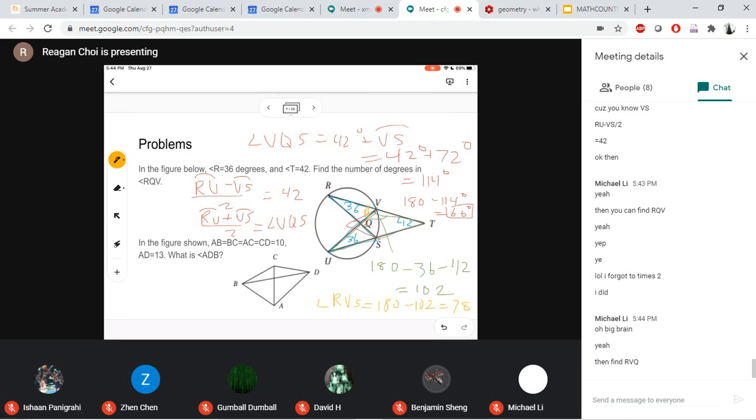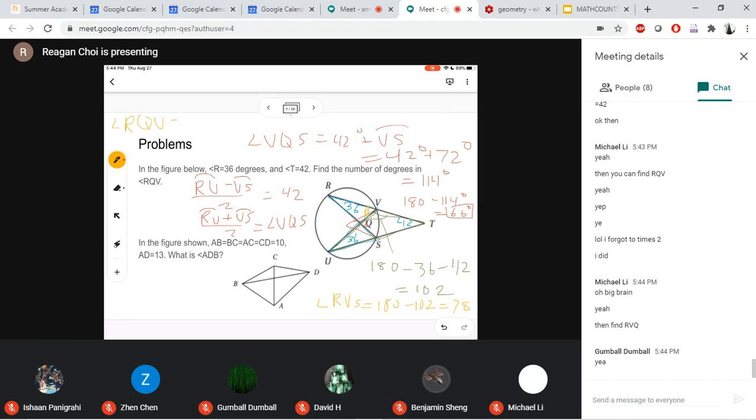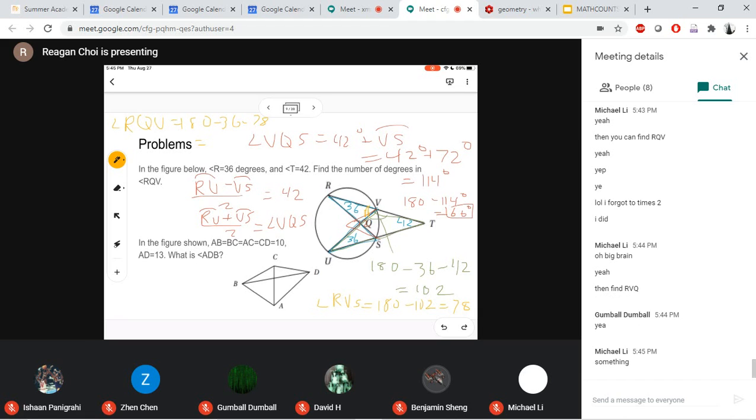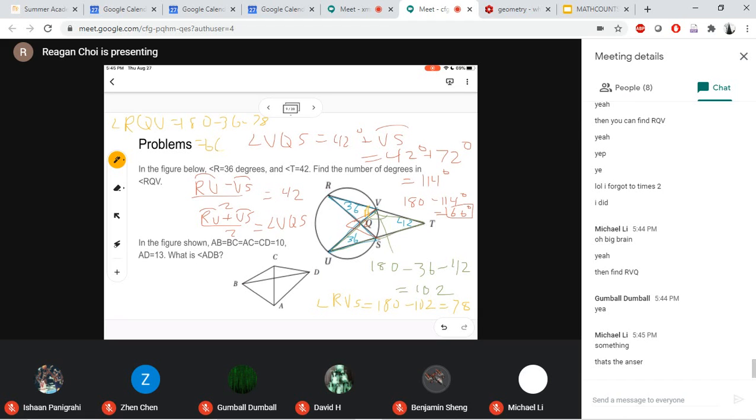So you get, let me do it up here in the top left, RQV equals 180 minus 36 minus 78, which equals 66, like before. So yeah, I thought that was easier, but whatever.